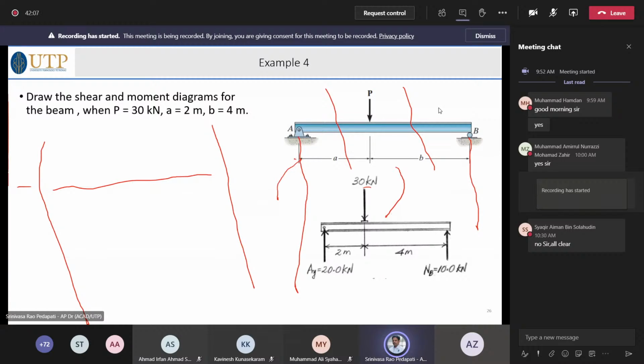Say for example, in this case, you find out RA, RB is 10 kilonewton, AY which is mentioned here, AY is equal to 20 kilonewton.